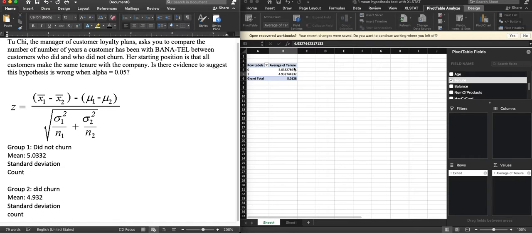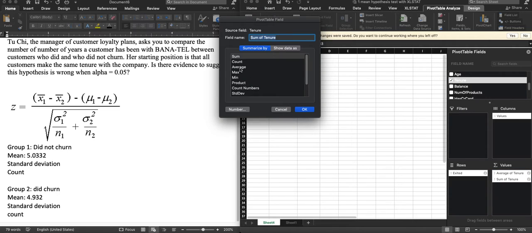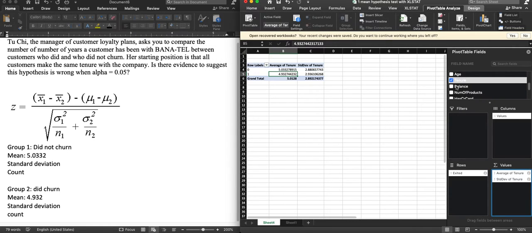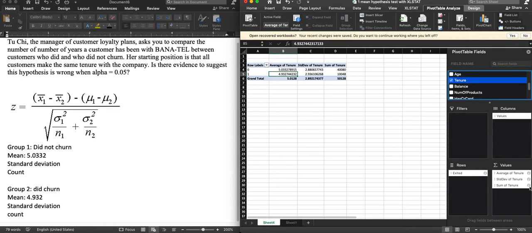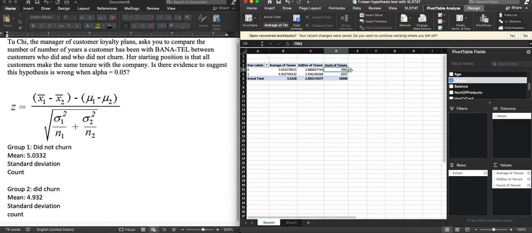So we also need to know the standard deviation. Click on the I, change this to standard deviation. And finally, we need to know the count. You can see there are many more people who did not churn than who did.